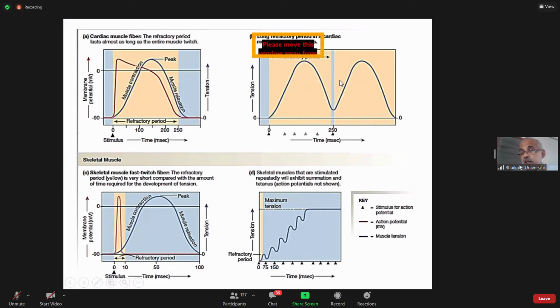Sustained contractile state is not possible. Maximum tension is not possible here. Okay. So this figure shows you that because of this long absolute refractory period, tetany of cardiac muscle is not possible. It prevents tetany of cardiac muscles.